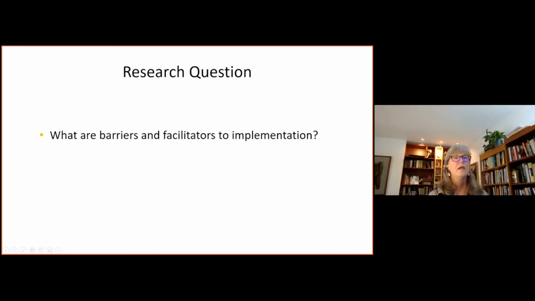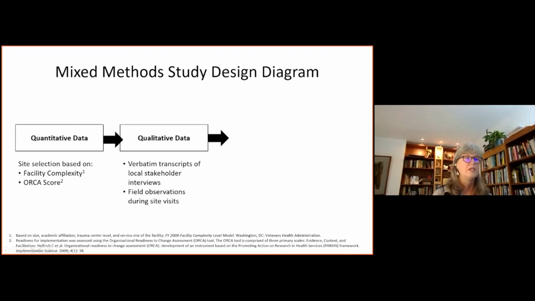lowest to the highest. So our question was, what are the barriers, or what were the barriers and facilitators to implementation? And again, like I mentioned earlier, we used a mixed method study design.